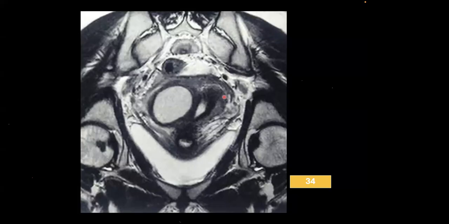It is uterus. Now, why would it be a corpus luteal cyst?